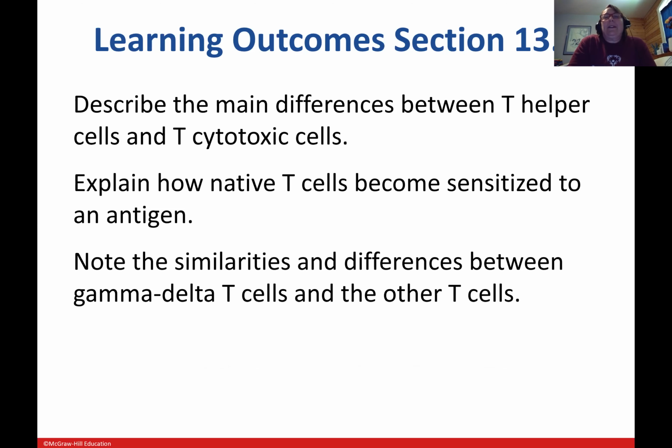And note the similarities and differences between that strange type of T cell that's a little bit more innate than the other types of T cells. So it's more of an innate immune response in that it recognizes some of those molecular patterns that the innate immune system also responds to.